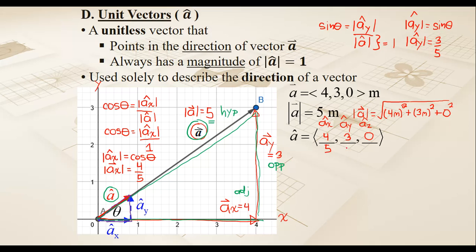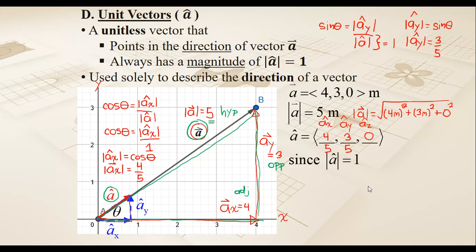Therefore, the unit vector would have an x component of 4 over 5, and it's positive because it points in the positive x direction. It would have a y component that's positive 3 over 5 because it also points in the positive y direction, and it doesn't have a z component at all. So that's how I would write down the unit vector as an ordered triple.